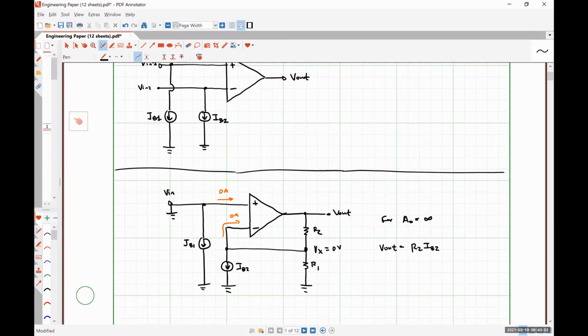So we see some error at our output, right? We have no input voltage applied, but we observe some finite signal at our output. So this behaves very, very similarly to our DC offset voltages, but it occurs for an entirely different reason.